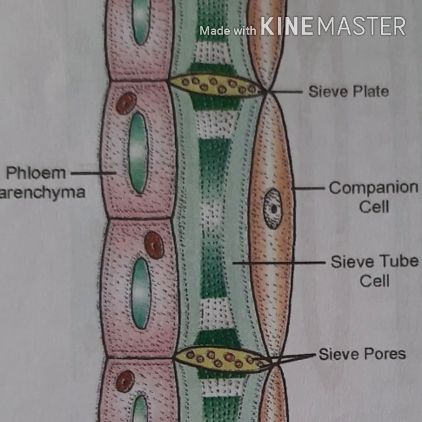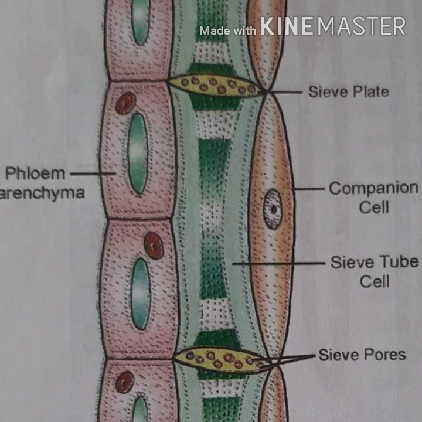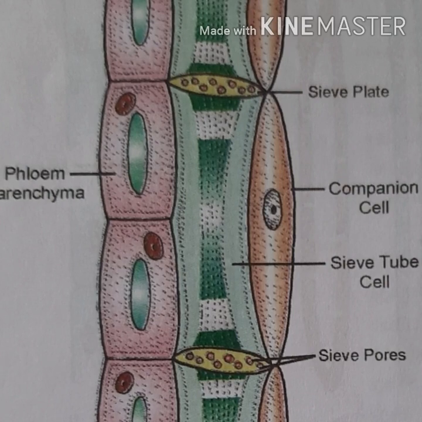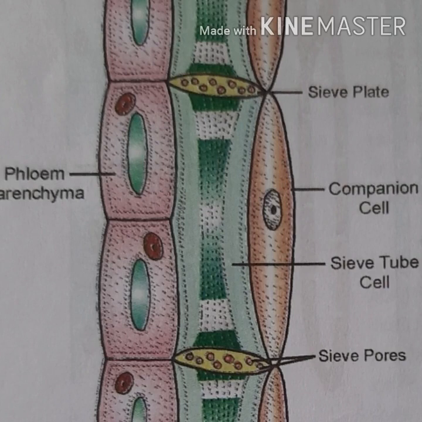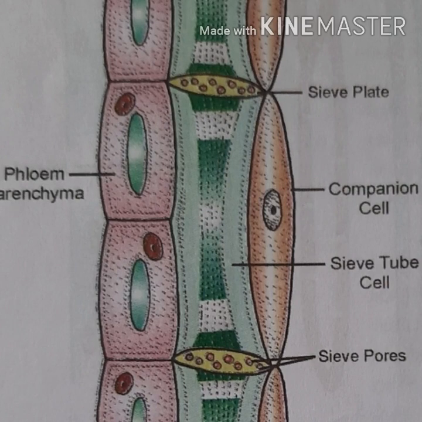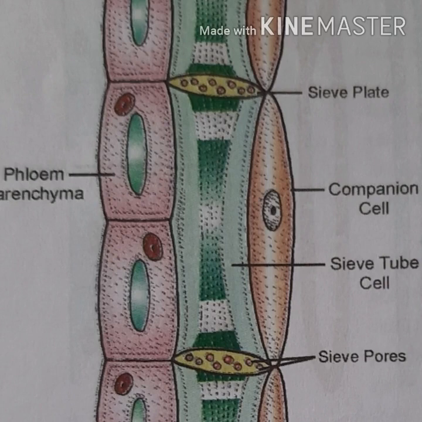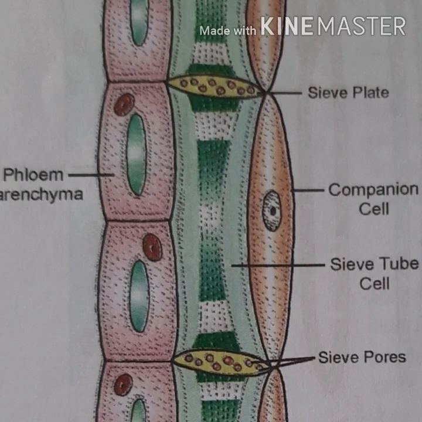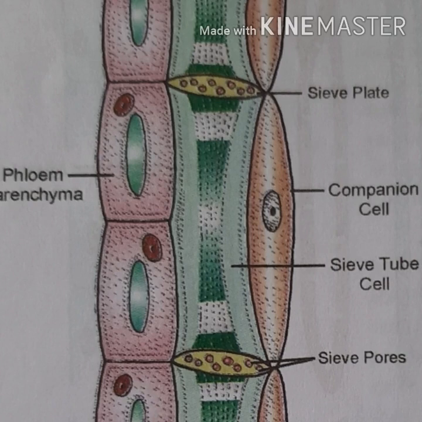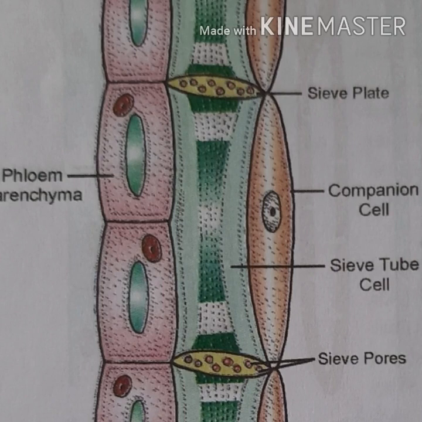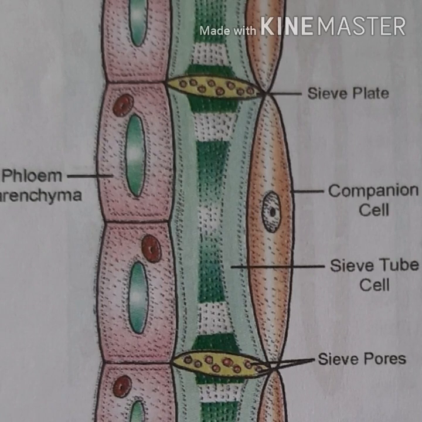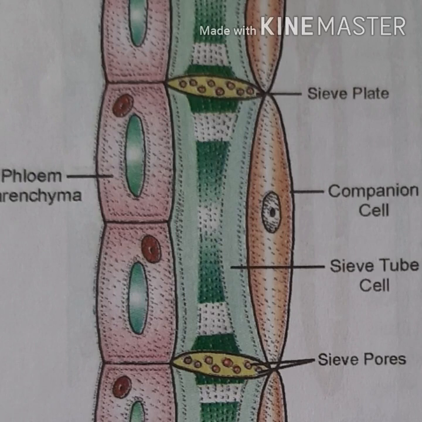Next element is companion cells. They are thin-walled cells which lie on the sides of sieve tube cells. They maintain a proper pressure gradient in the sieve tube cells for conduction of food. Next element is phloem parenchyma. It is parenchyma present in the phloem. Cells of phloem parenchyma are thin-walled and living.